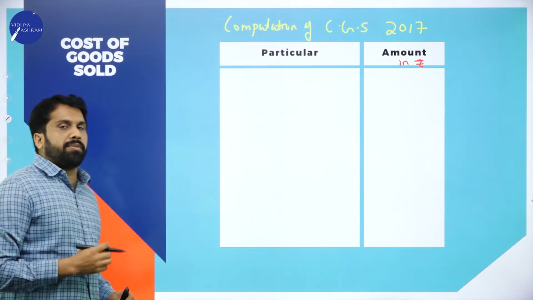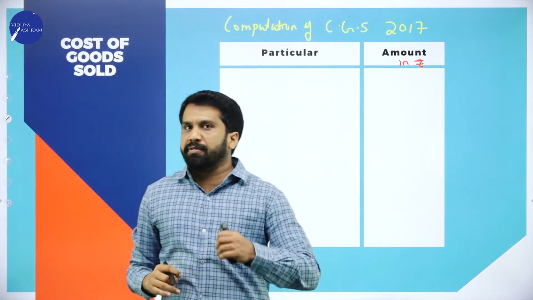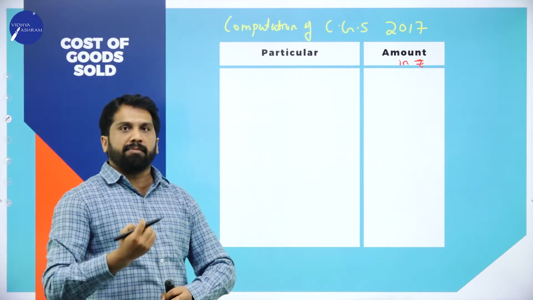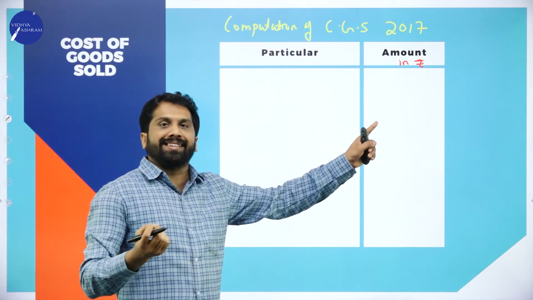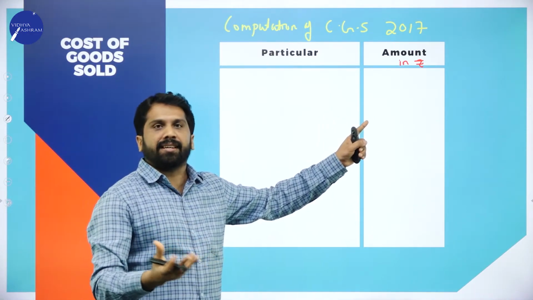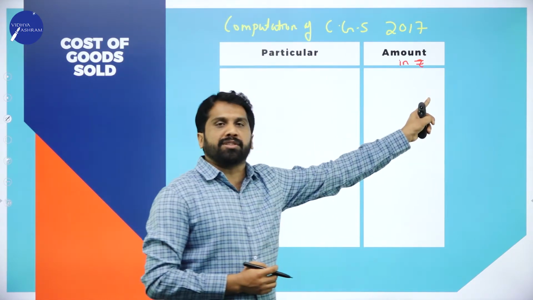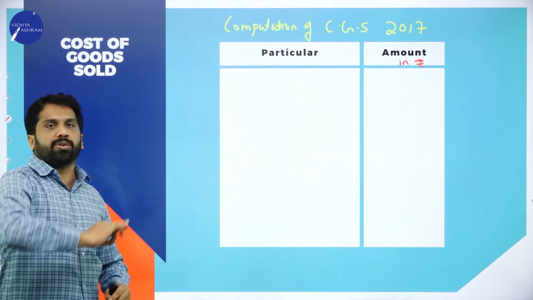Why do we have to mention the amount in rupees? Normally we use rupees only. Sometimes if a foreign student is there, he may mention dollars or yen or some other currency. So, while doing this in India, we always mention the amount in rupees.